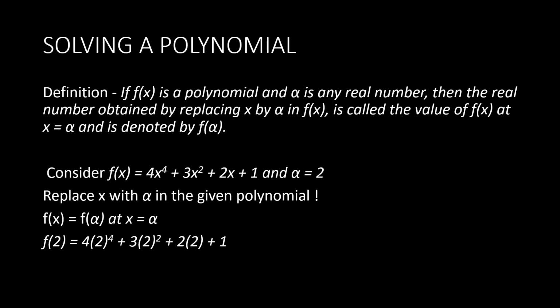So 4x raised to 4 becomes 4 into 2 raised to 4, 3x squared becomes 3 into 2 square, 2x becomes 2 into 2, and 1 has no variable, so it remains 1. And just do the math, solve the right hand side of the equation, and you'll get your answer. So f of 2 being 81 is how I solved this polynomial at x equals 2.